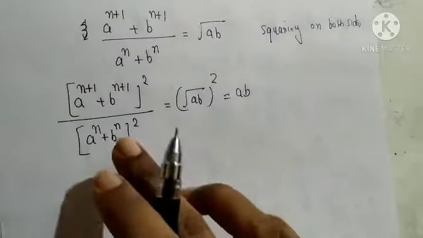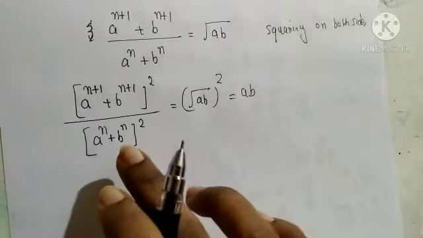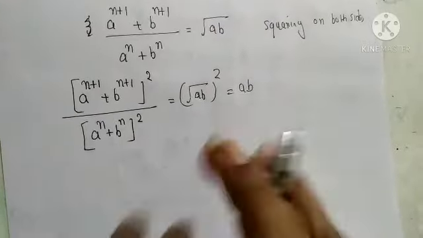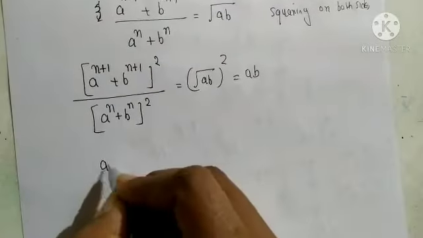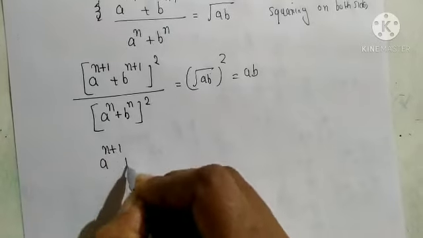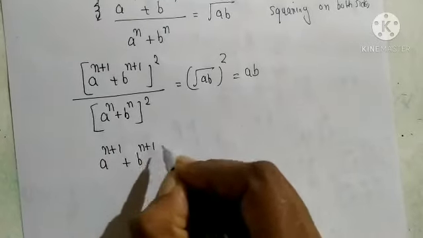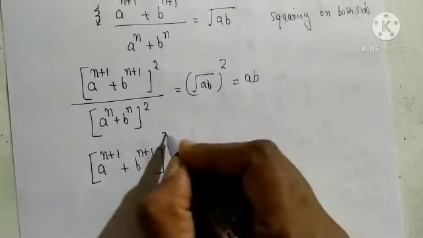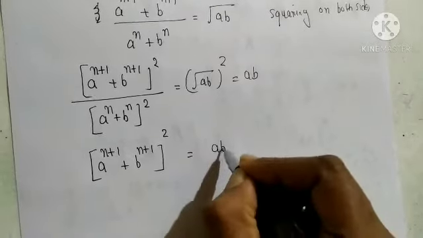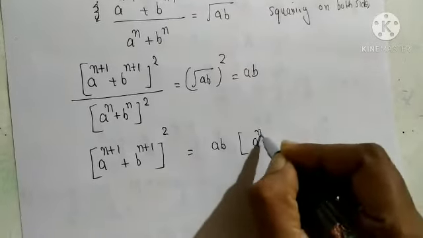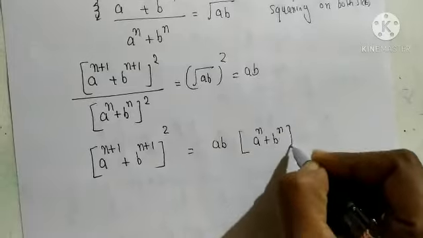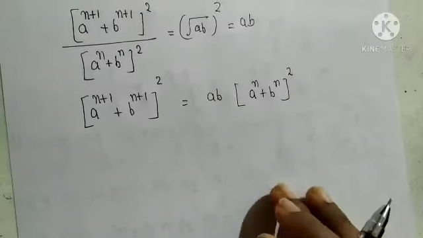So next I am going to take this term to RHS. So it will become a raised to n plus 1 plus b raised to n plus 1 whole square equal to ab into a raised to n plus b raised to n whole square.